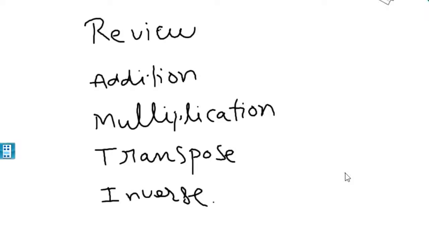Now let us review some of the basic concepts in matrices which we have learned in our high school and junior college. The first one is addition of matrices, then multiplication of matrices, transpose of a matrix and inverse of a matrix.